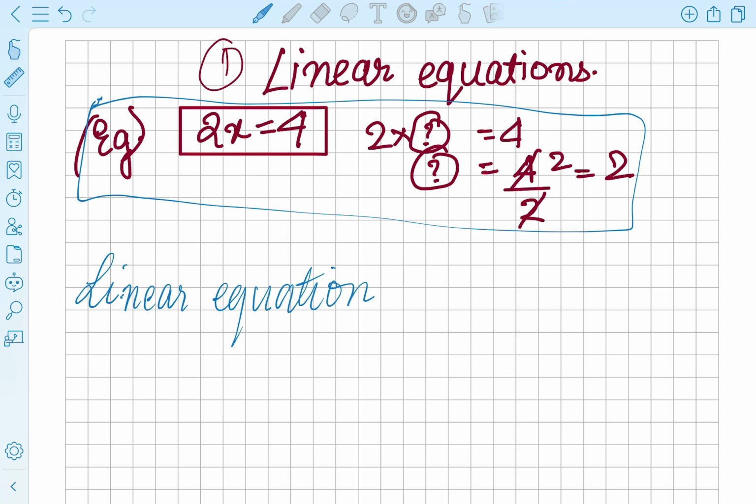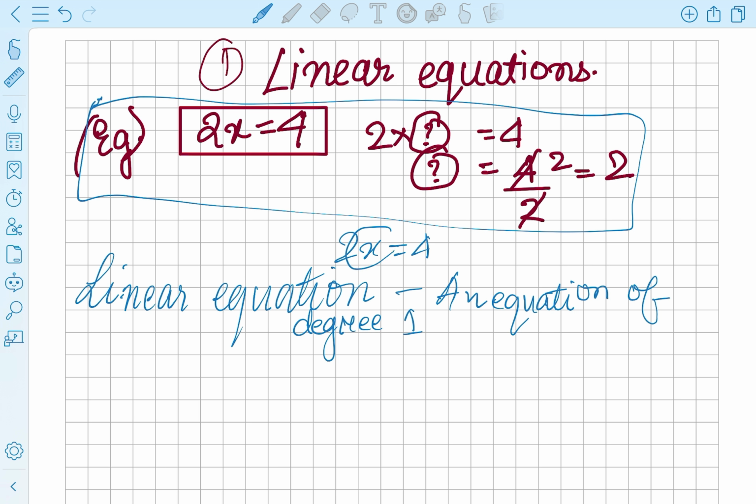A linear equation is an equation of degree 1. So any equation which has degree 1 containing one or more variables. See here, this is also a linear equation as I wrote. Why? Because this is the variable and the degree of this variable is 1, right? This is the power of 1. So the highest power of the variable is called the degree. So here the degree is 1, so it's called a linear equation.